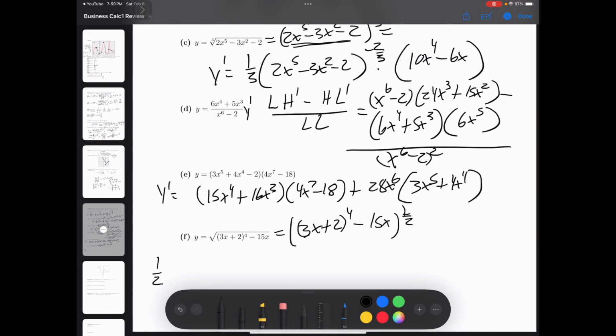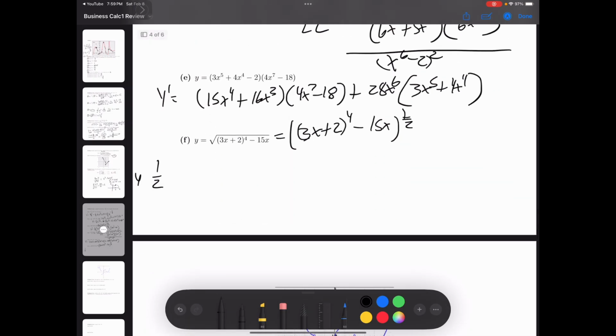This one is going to be y prime equals the derivative of the outside, which is 1/2, multiplied by the inside to the negative 1/2. A half minus a whole is negative a half.